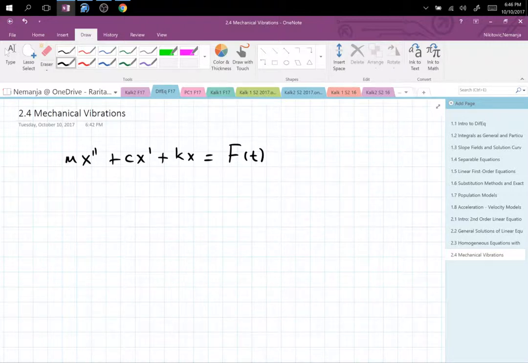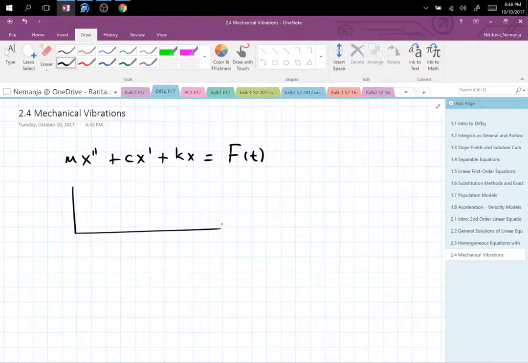Now, to understand x, x is going to be the distance between the equilibrium and whatever object is connected to the spring.